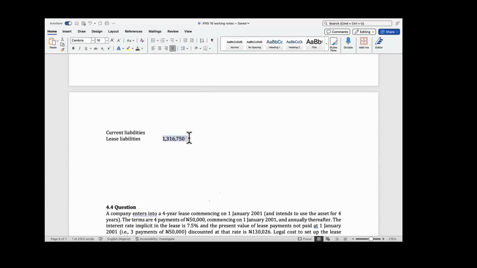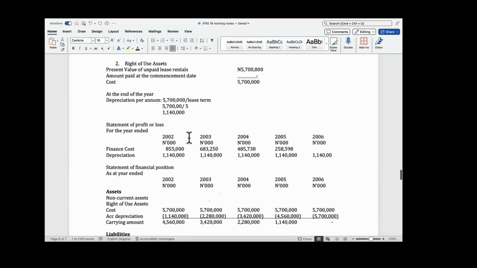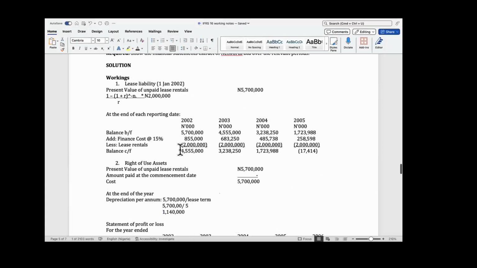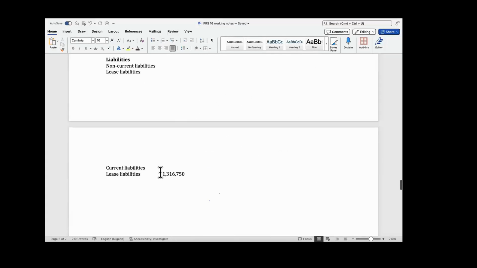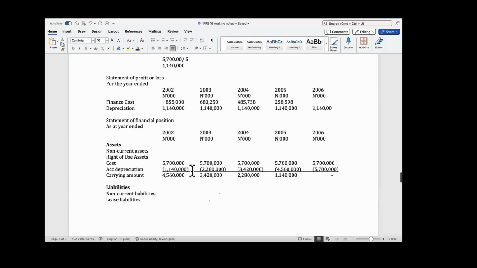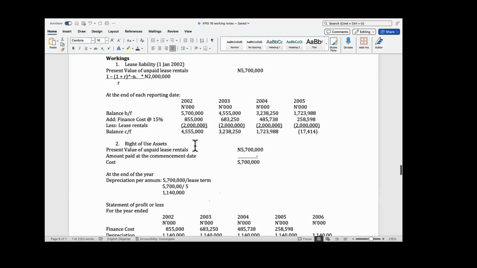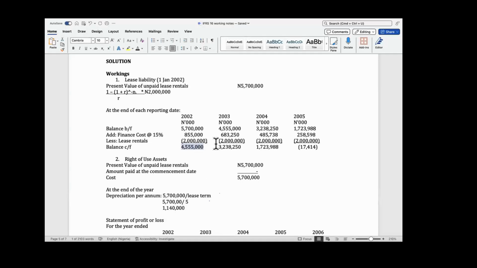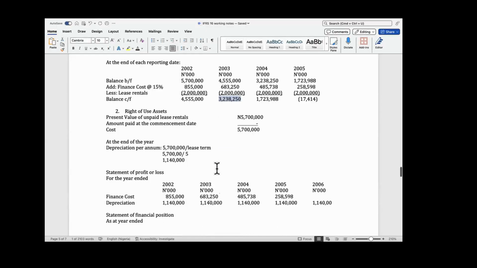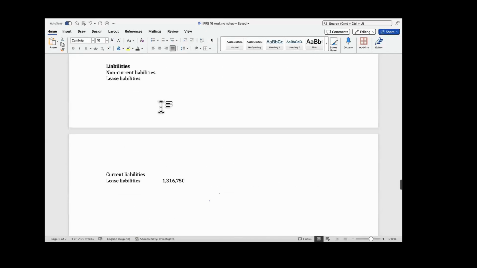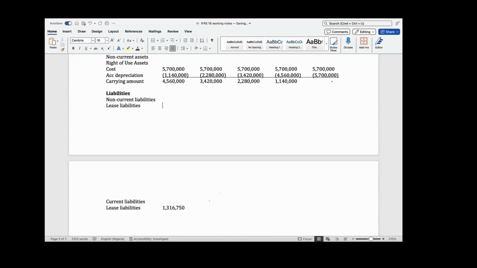So if that is my current, the balance is what remains. If you take this 1,316,750 away, that balance gives you 3,238,250, and that will represent my non-current.